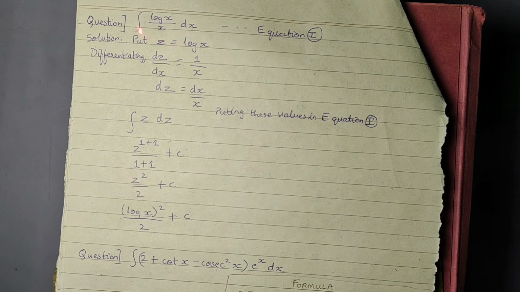You can see over here, we can't put the answer as z, so in the final answer you have to resubstitute and put the value of z. Instead of z you will be putting log x, and the square is there already. So the final answer is log x whole square divided by 2 plus c.